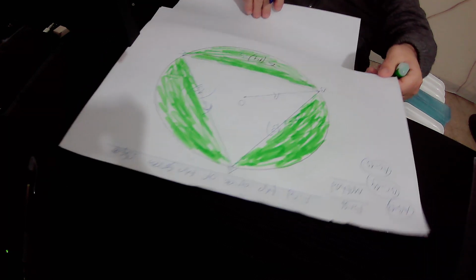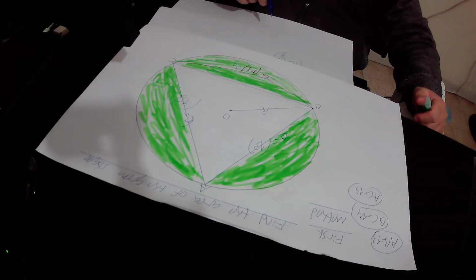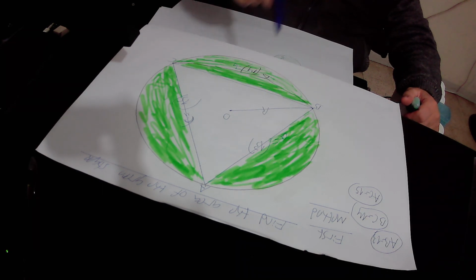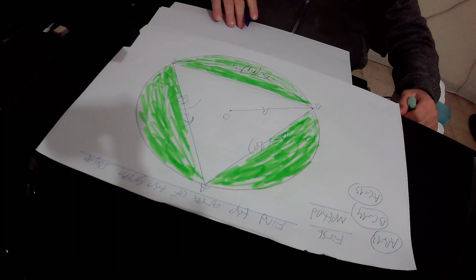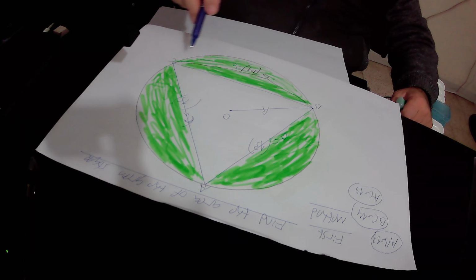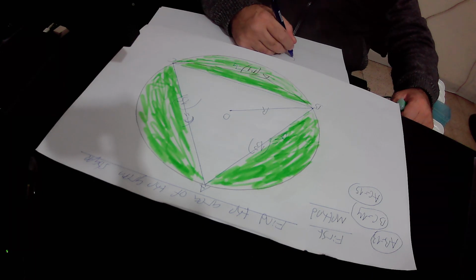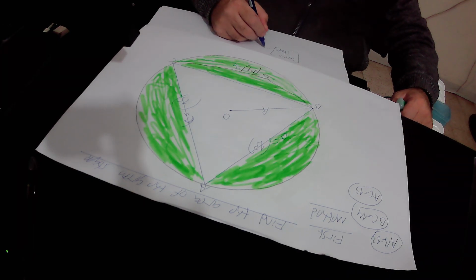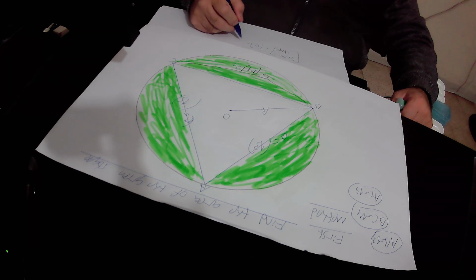Our mission is to find out the area of this green shape. So as I mentioned before, it is very clear from the drawing that the area of the green shape is equal to the area of the circle minus the area of triangle ABC.